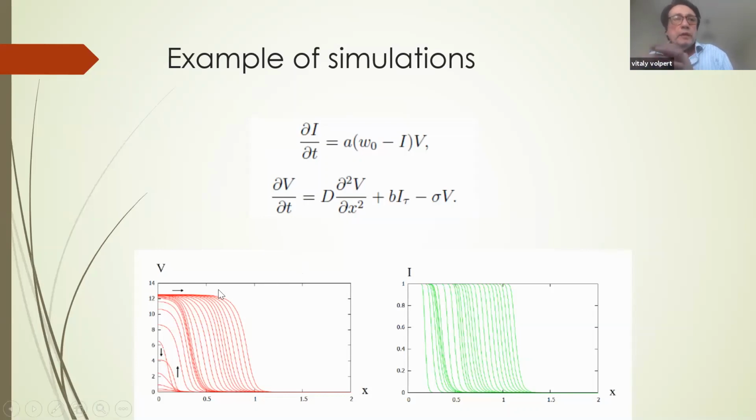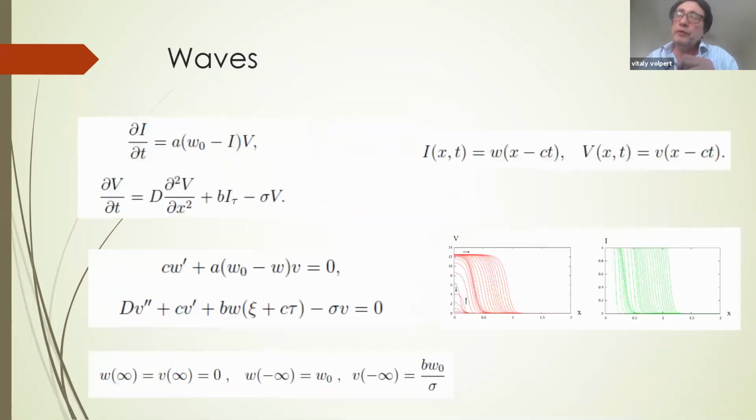And we see exactly these reaction diffusion waves propagating here. The red curve is for viruses and the green curve for infected cells. So what we can expect here is the existence of solutions in terms of reaction diffusion waves.